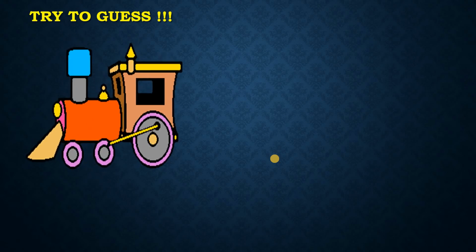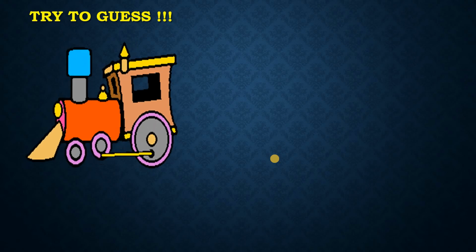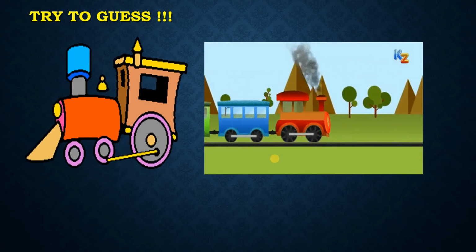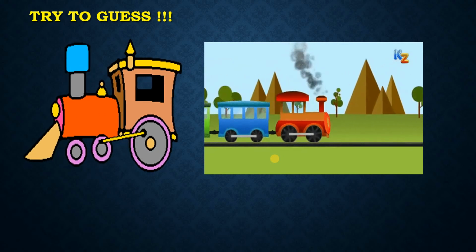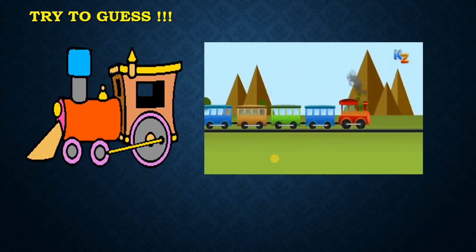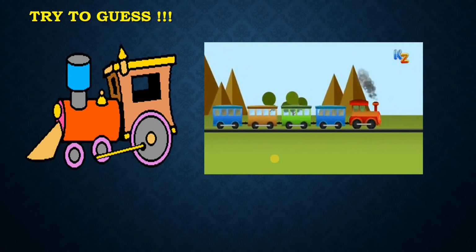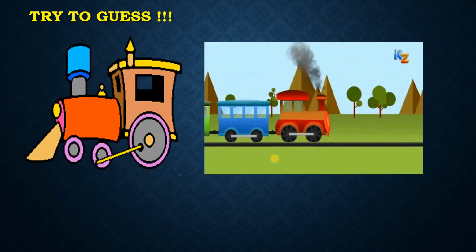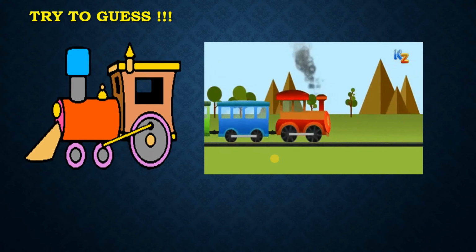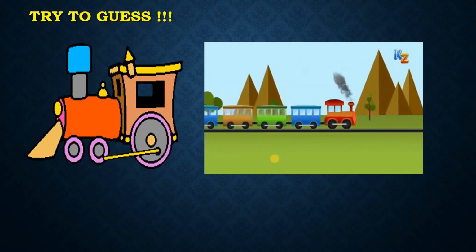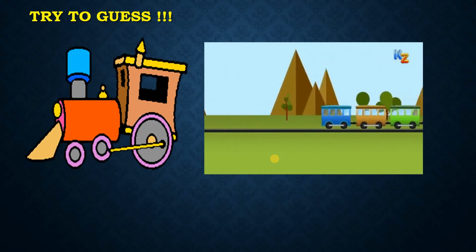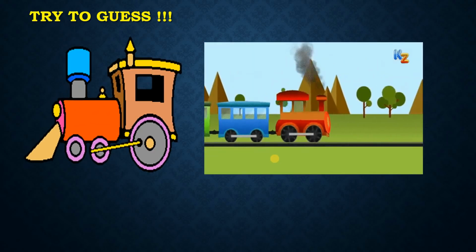So dear students, let's see another picture. What are you observing in this picture? Yes, this is fully a train, because behind the engine there are some compartments included.